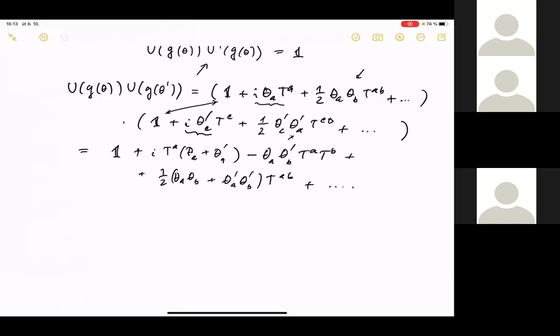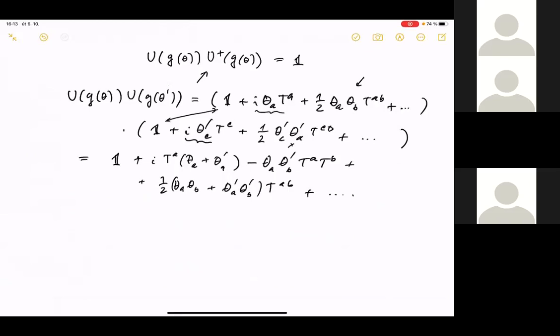And the other way is to use our composition rule, so that the same is also U of G theta times G theta prime. And for this, we have the composition rule inside the Lie group, so we get U of G of F of theta and theta prime.